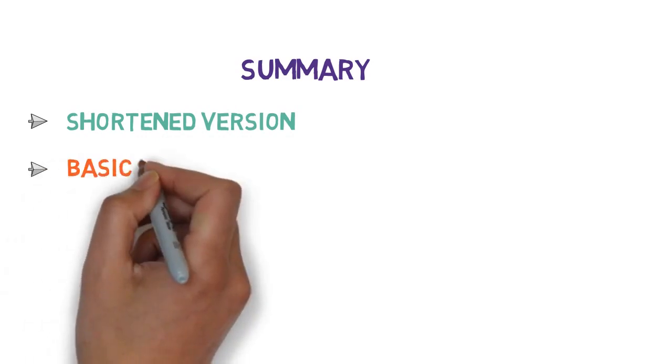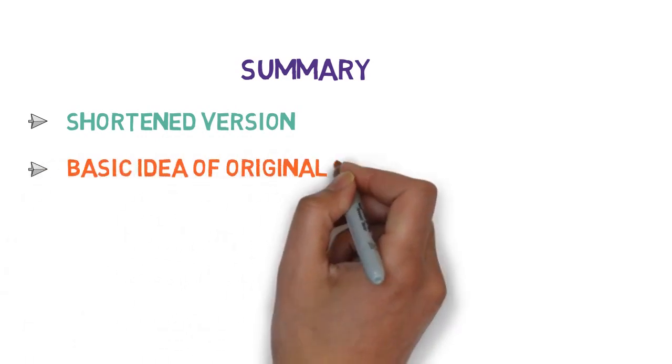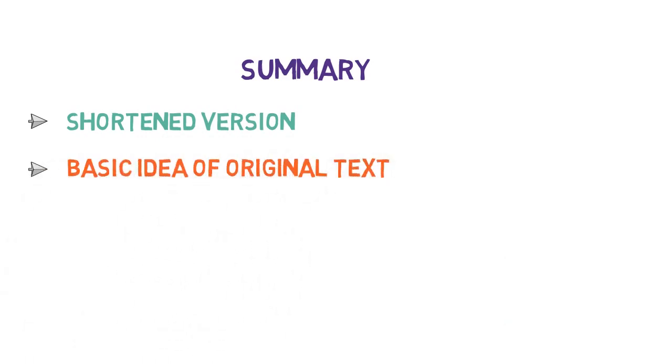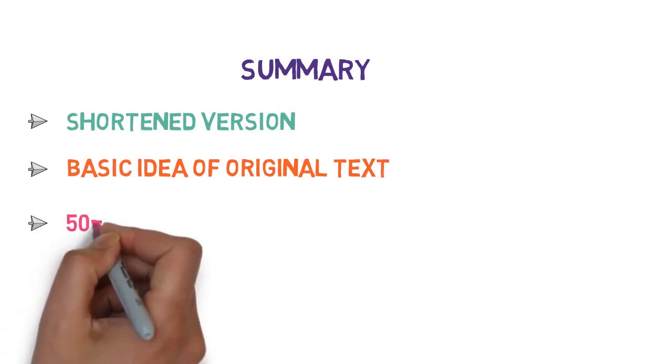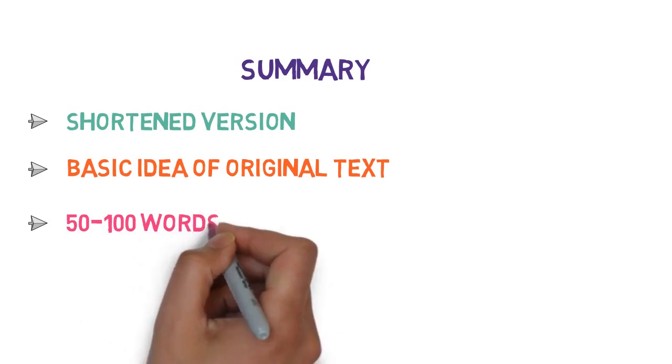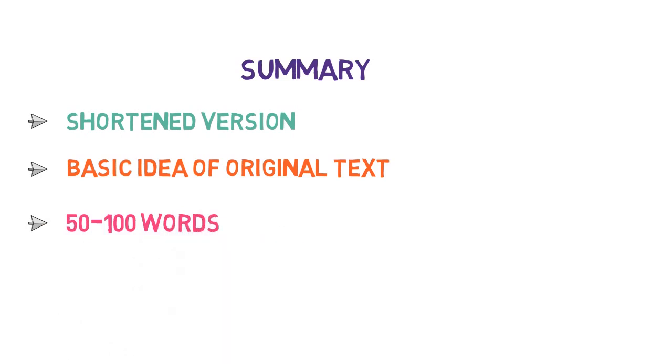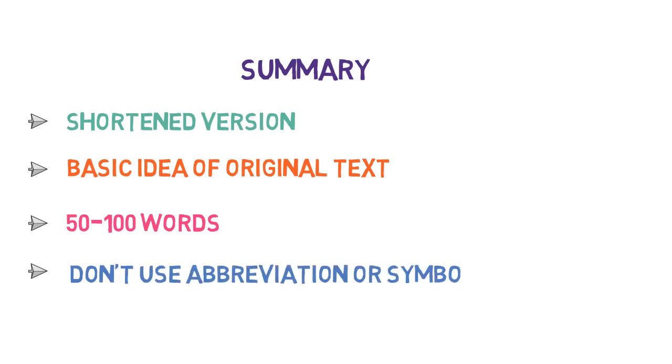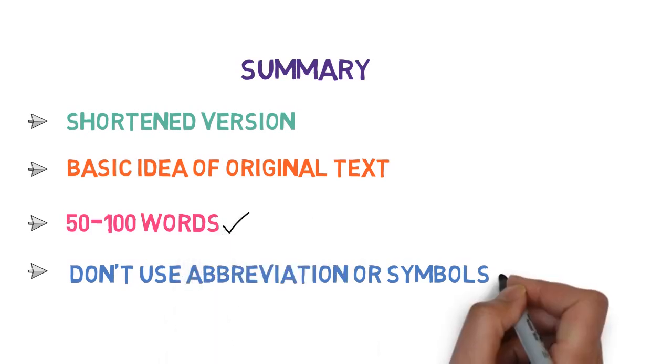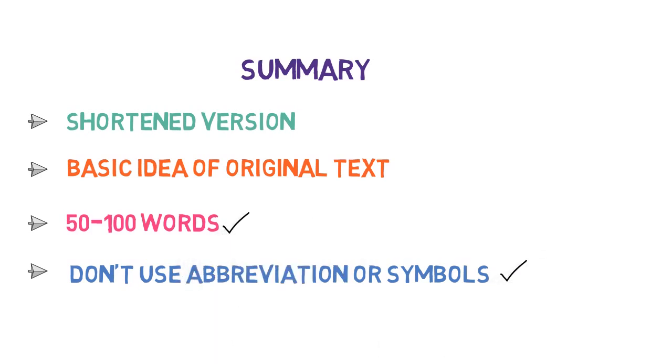It gives the basic idea about the original text, what it was about, and what the author wanted to communicate. The length of the summary is between 50 to 100 words based on various exams. Try not to use the abbreviation or symbols in summary. Again, please consult with your teacher for these 2 points and act according to his or her advice.